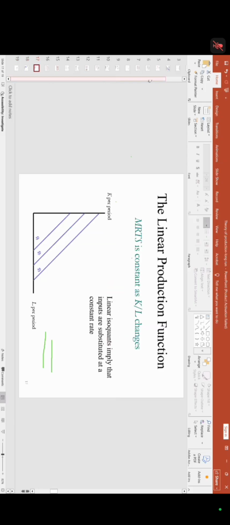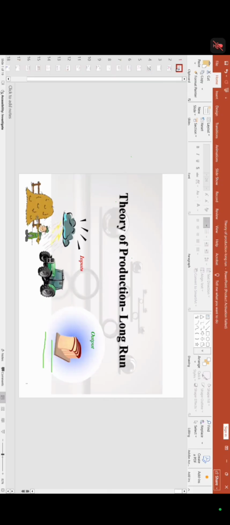So if I recap what we have learned so far, we have got an idea about how long run production happens. What is the theory of production in the long run? At the previous lecture we learned the theory of production in the short run. There I mentioned there is only one variable, the other input is fixed.